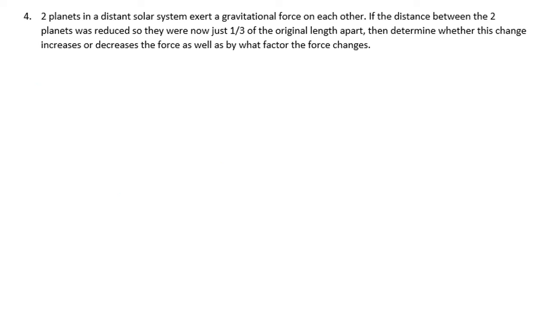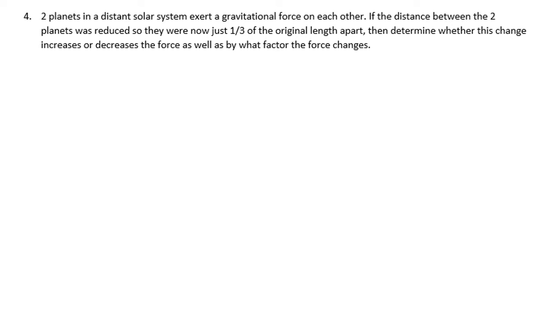The next one says two planets in a distant solar system exert a gravitational force on each other. If the distance between the two planets was reduced so that they were now just 1/3 of the original length apart, determine whether this change increases or decreases the force, and by what factor the force changes.